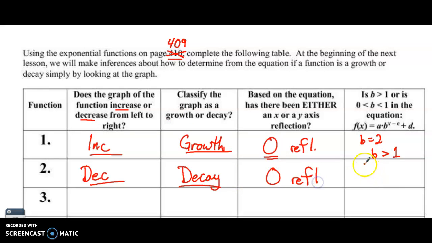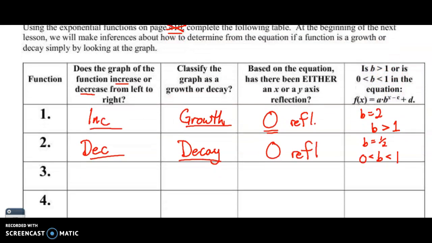And if you looked at the base, which is 1/2, the base is smaller than 1, but also bigger than 0. I didn't mention it, so I'll say it right now: the base can never equal 1. If the base is 1, well, 1 to any power is 1, so it's actually a horizontal line. So that's why we only consider positive numbers, and we do not consider 1.